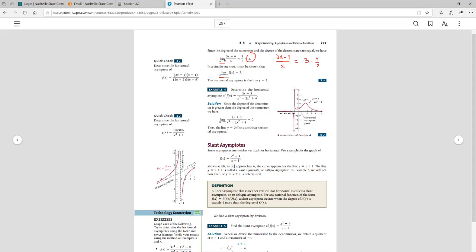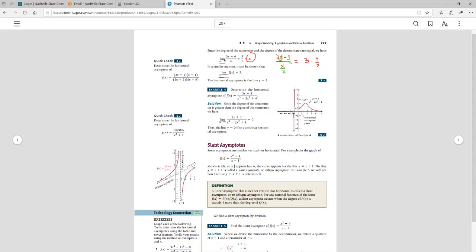In other words, if you divide the denominator by x, that gives you 1. And if you divide the first term of the numerator by x, that leaves you 3. And of course, we would be left with 4 over x.